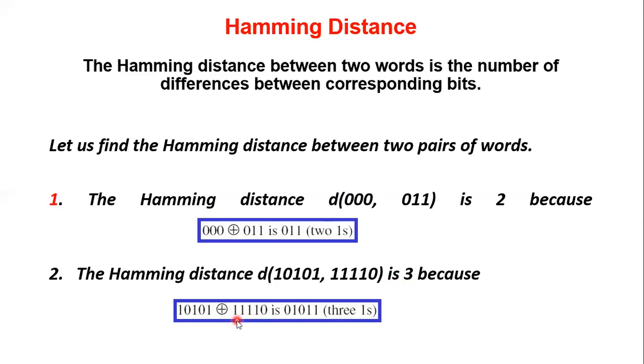Now 1, 1, the same, therefore 0. 0, 1, different, therefore 1. 1, 1, same, therefore 0. Then 0, 1, different, therefore 1. Then 1, 0, different, 1. Therefore, how many ones? 1, 2, 3. Therefore, 3 ones are there. Hence, the Hamming distance is 3.